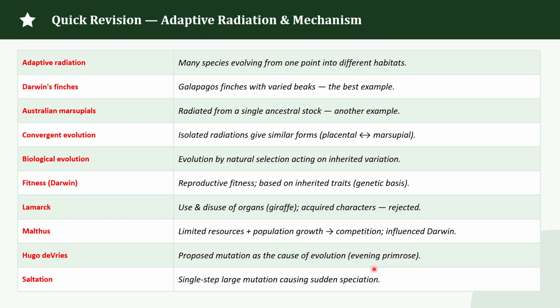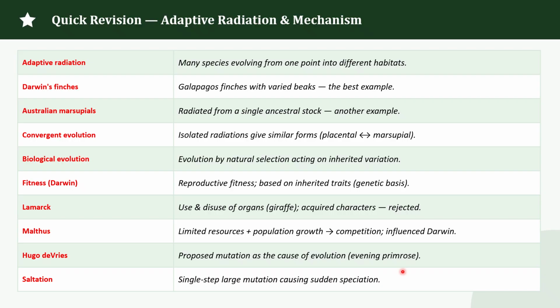Darwin's finches are the best example of adaptive radiation, and Australian marsupials are another example of adaptive radiation. Placental mammals and marsupials show convergent evolution. Darwin's theory gives rise to natural selection and branching descent.